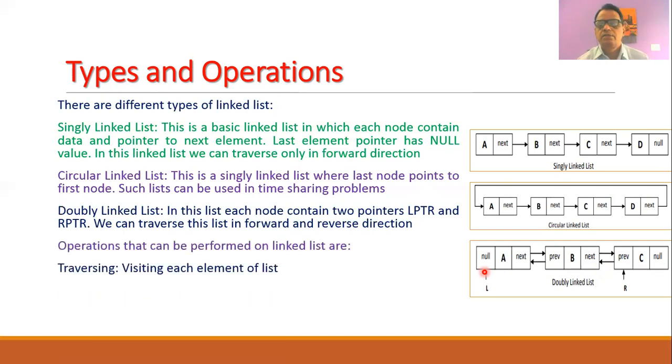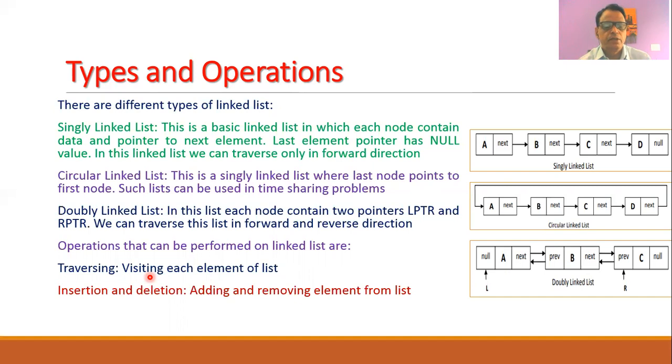There are various operations we can perform on the linked list. The first operation is called traversing. In traversing, we can visit each and every element of the linked list. You can also perform operations such as insertion and deletion. In the insertion operation, we can insert a new element into the linked list.